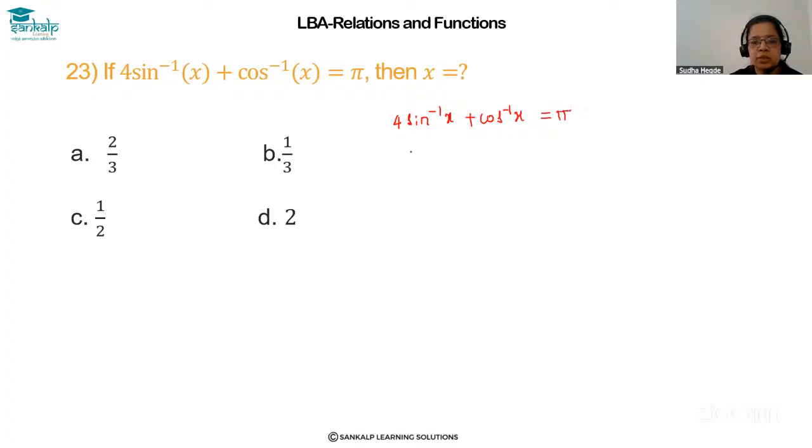You need to find x. Let me take sin inverse x as A, implies sin A is equal to x.